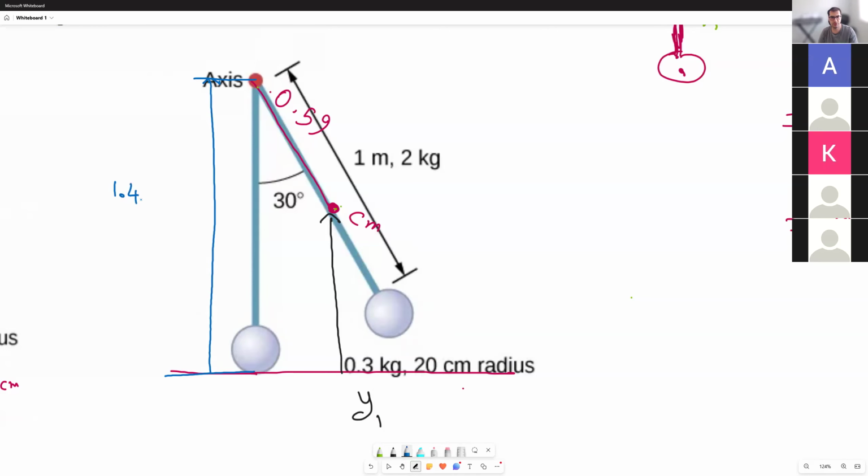It's 1.4, right? 1.4. Exactly. And he says, let's take out this much out of it.